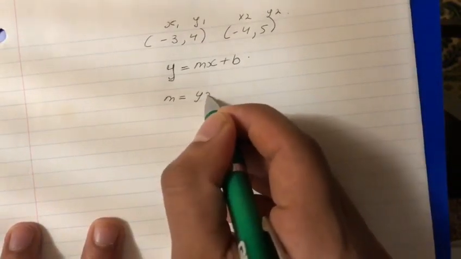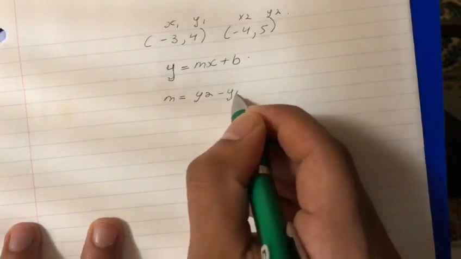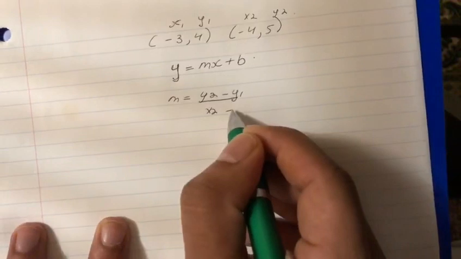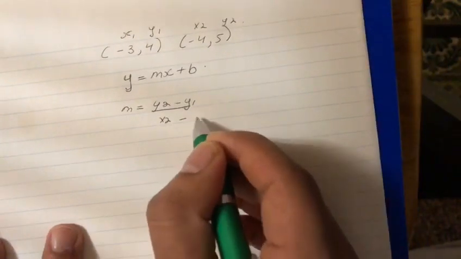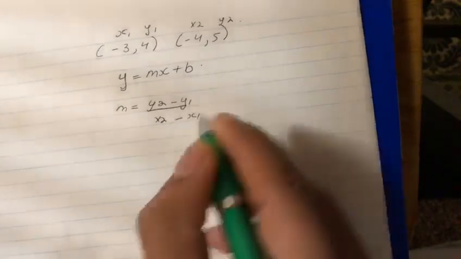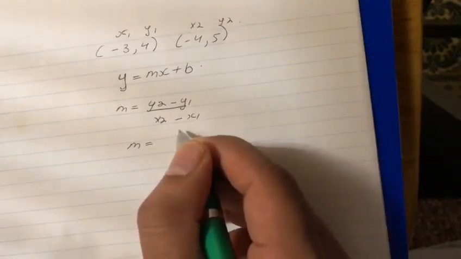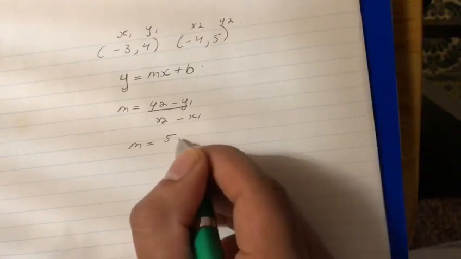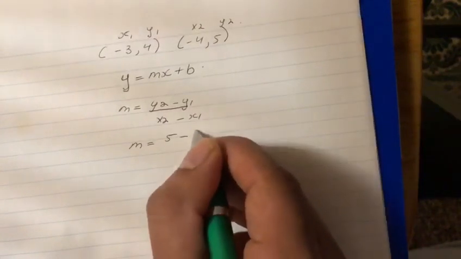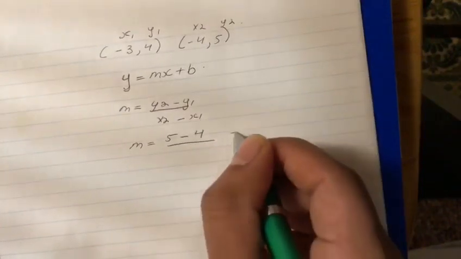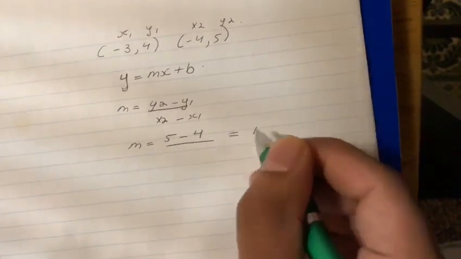The formula for slope is y sub 2 minus y sub 1 over x sub 2 minus x sub 1. So m equals y sub 2, which is 5, minus y sub 1, which is 4. 5 minus 4 equals 1.